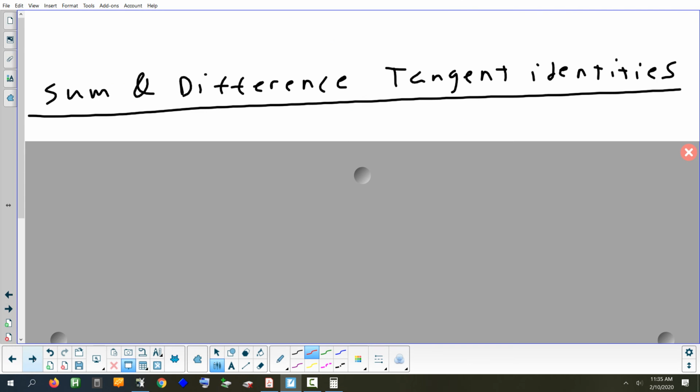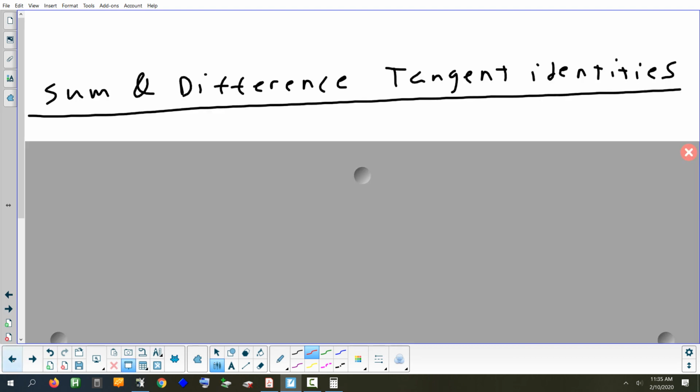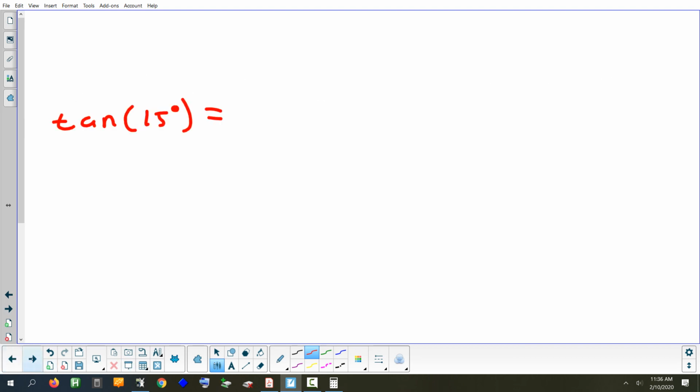Okay, now let's say that I asked you to do tangent of 15. I haven't given you the tangent sum and difference yet, but technically you could figure it out. How could you get the tangent of 15? Using something we learned last time. Yeah? You just do sine of 15 over cosine.